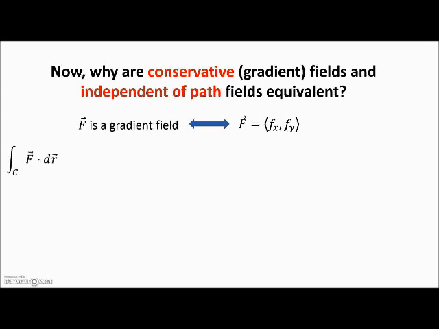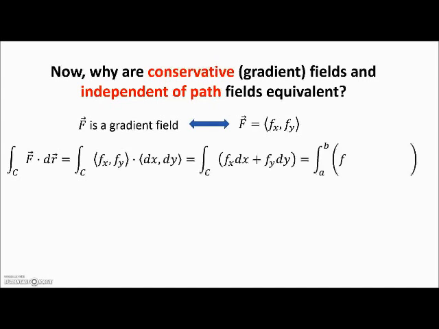Now, given the line integral F dot dr, we delineate those vectors, perform the dot product, and then parameterize F and r with parameter t. Now we have the integral, t goes from a to b, of the partial derivative of f with respect to x times dx/dt plus the partial derivative of f with respect to y times dy/dt. Now, that integrand should look familiar.